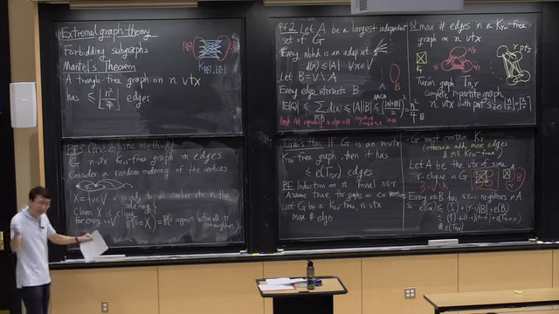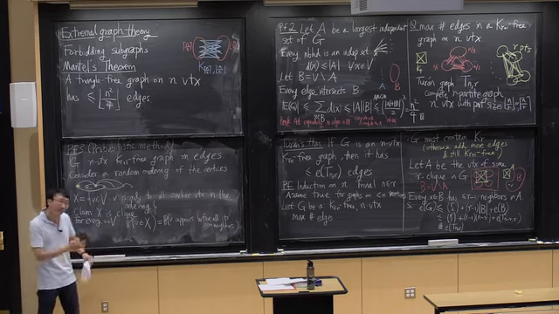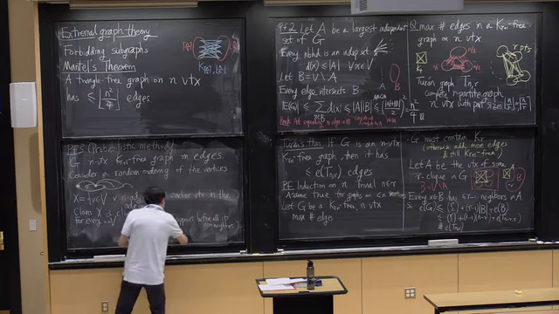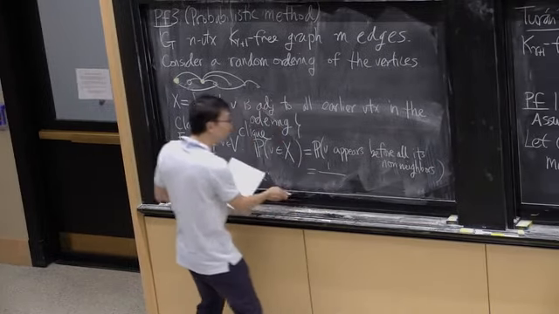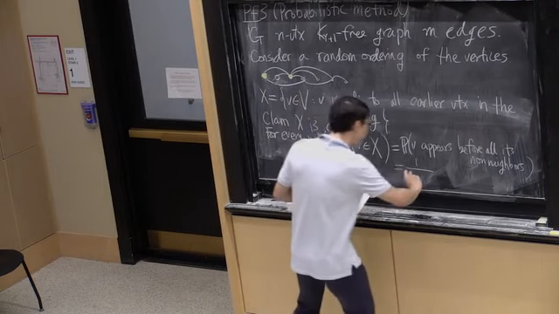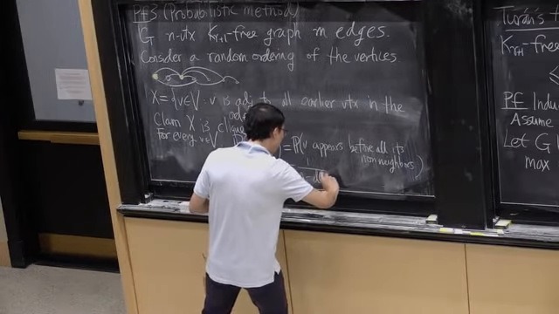V and its non-neighbors are sorted uniformly, so the probability that this occurs is exactly 1 over 1 plus the number of non-neighbors, which is n minus the degree of V.